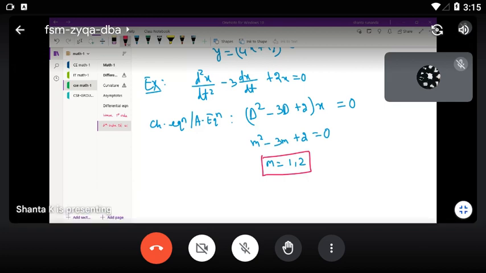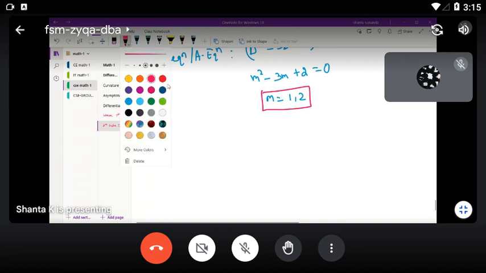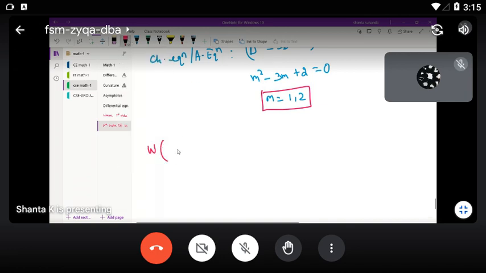Then the solution, we know this one. If you want, you can check the Wronskian also here, so that you will get to know whether they are linearly independent or not. So here y1, y2 will be e power x and e power 2x. We have e power x, e power 2x, then the derivatives e power x and 2 e power 2x. So the determinant, what will it be?